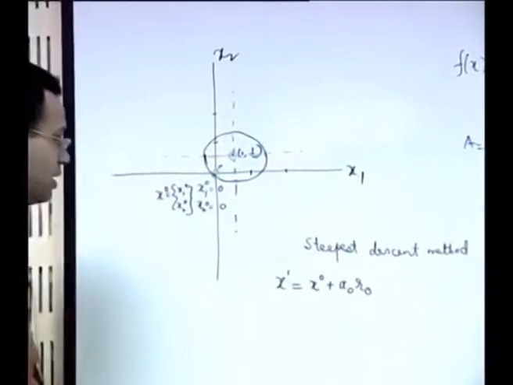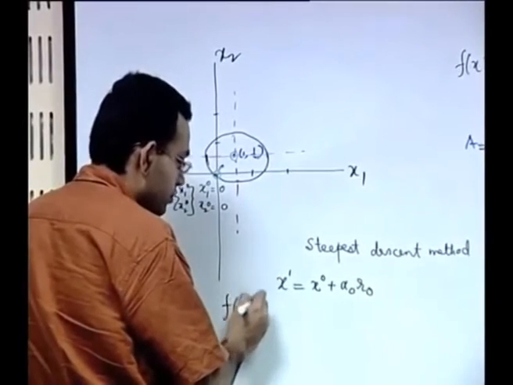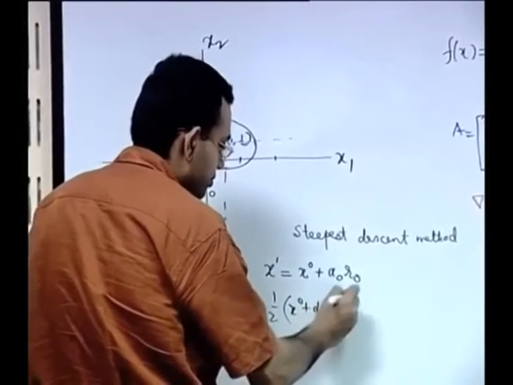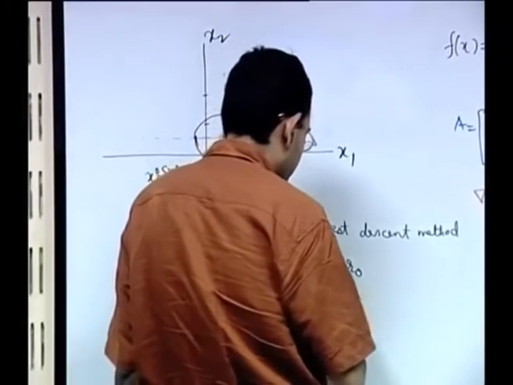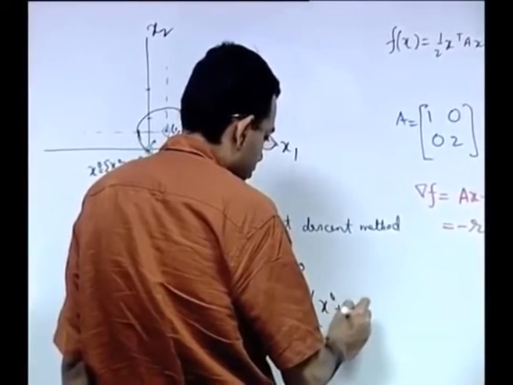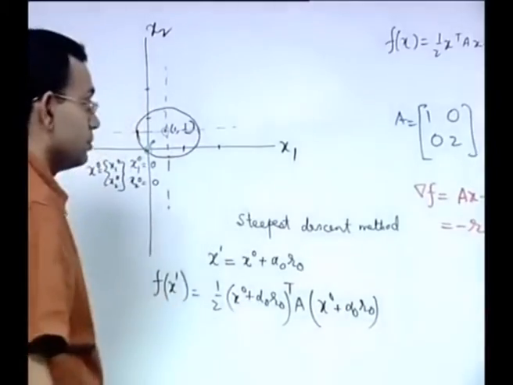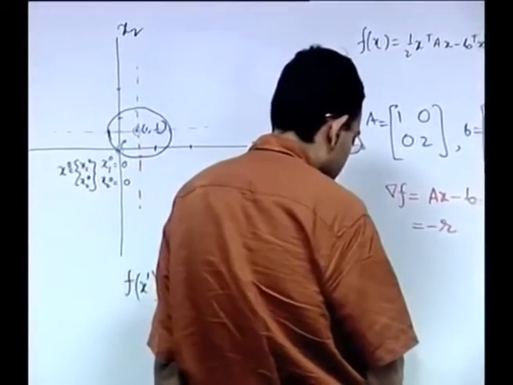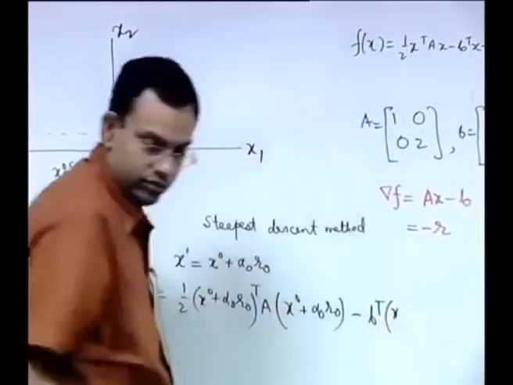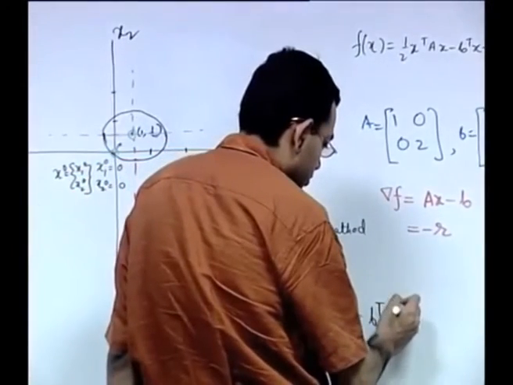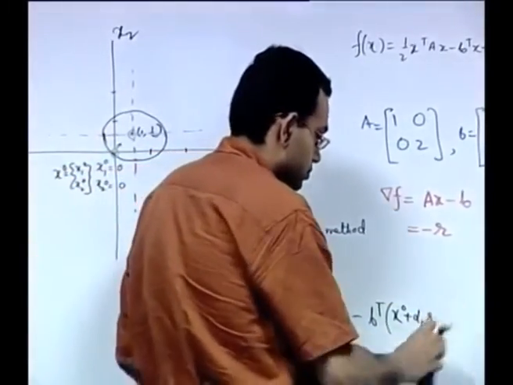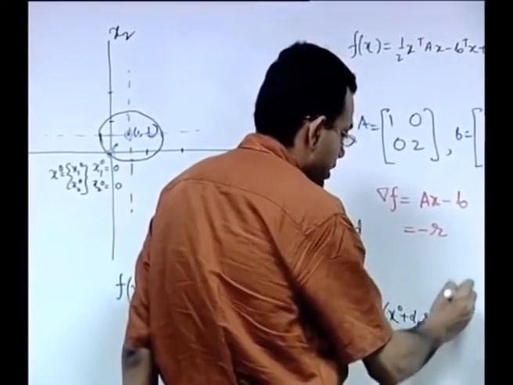So f of x1 is half (x0 plus alpha 0 r0) transpose A (x0 plus alpha 0 r0) minus b transpose (x0 plus alpha 0 r0) plus c.